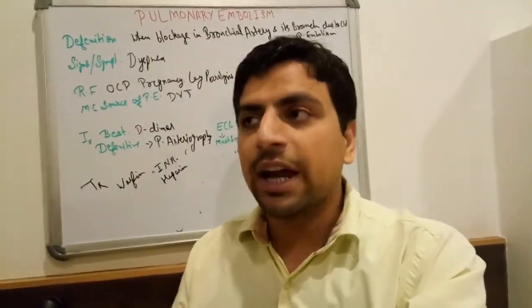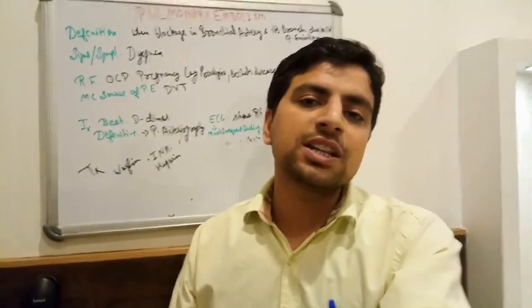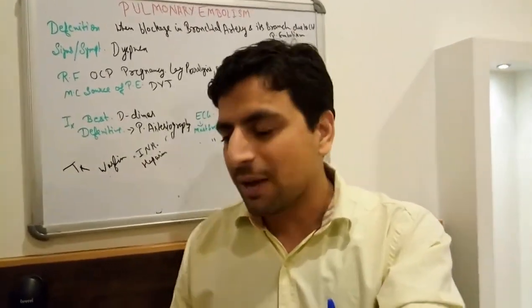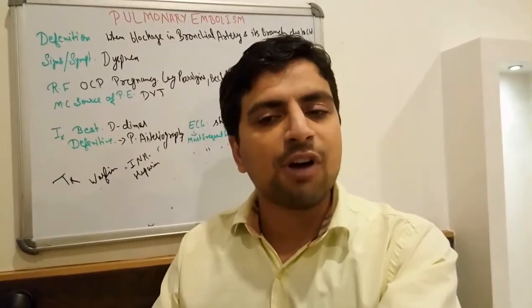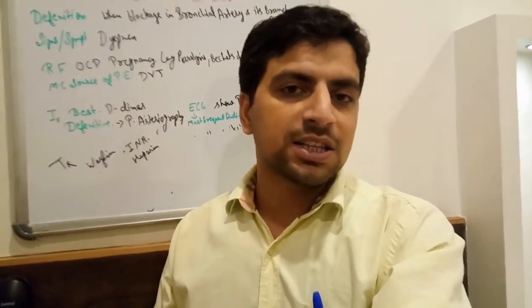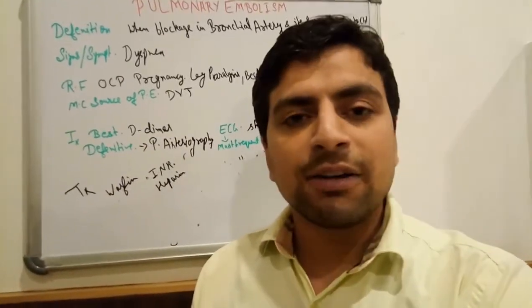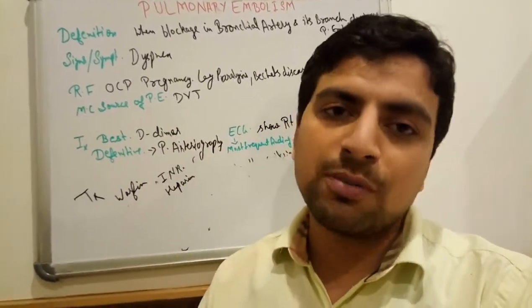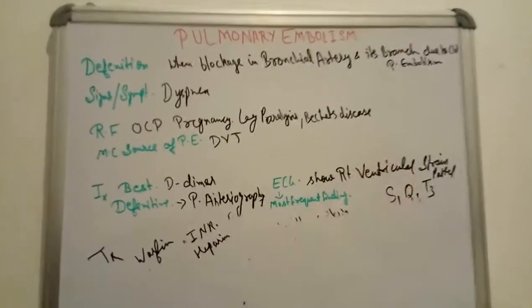Okay, my dear friends, and how to treat this? Treat the cause. The cause here is a clot, and embolus happens. DVT is the cause. So go for low molecular weight heparin, warfarin, and in severe cases we need to go for alteplase. Understand, my dear friends? And what are the other risk factors, like post-traumatic and Behçet's disease, I already explained.